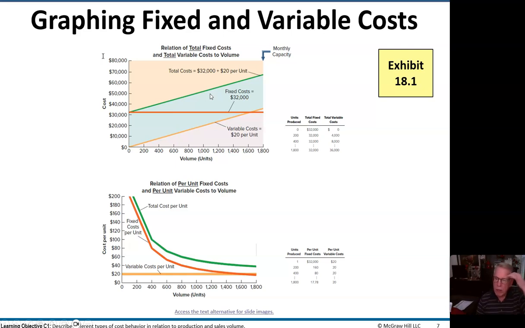And so if we look at the variable cost per unit, it's $20 per unit. But from the fixed cost perspective, the per unit fixed costs fall asymptotically as volume increases.